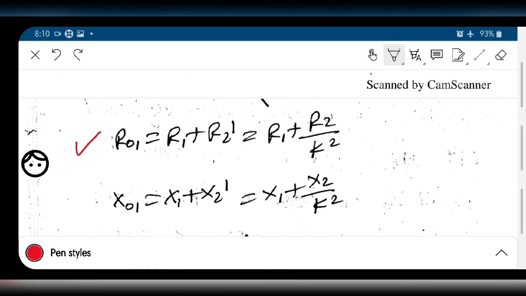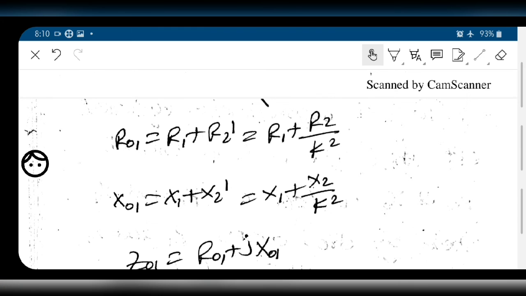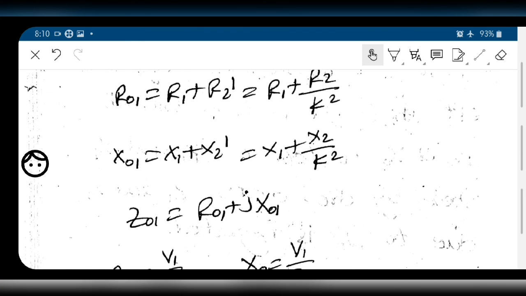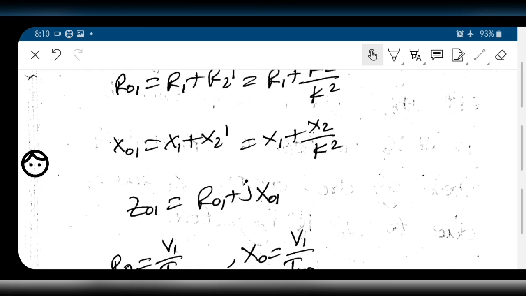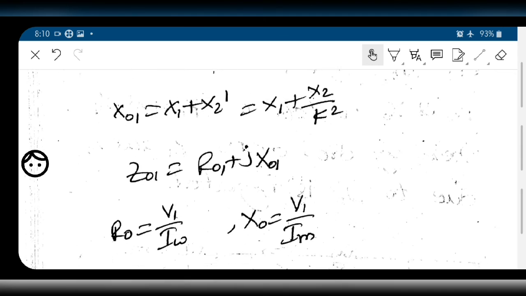X01 is equal to X1 plus X2 dash, that is X1 plus X2 by K square. Again Z01 is equal to R01 plus jX01. Z01 is the equivalent impedance of transformer referred to primary.